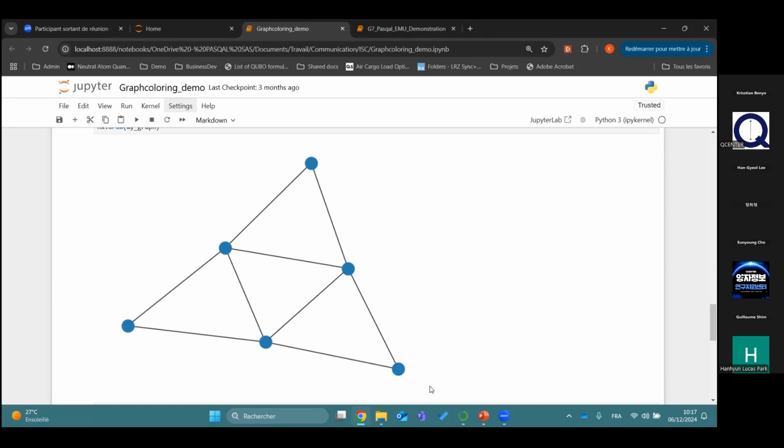However, if you were to use this maximum independent set as the starting point of the coloring, so if you were to color these 3 outer nodes with the same color, that would imply that the 3 inner nodes would need to be colored by 3 other different colors, because they form a triangle, so a maximally connected subset.